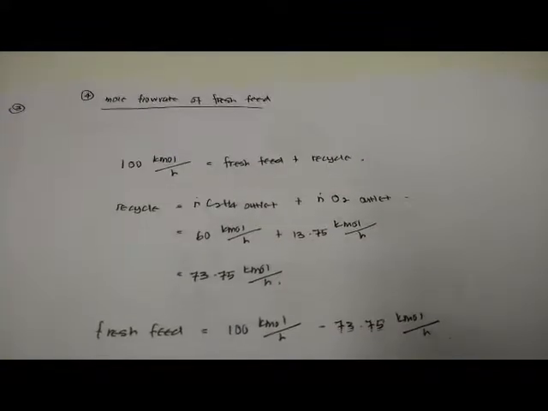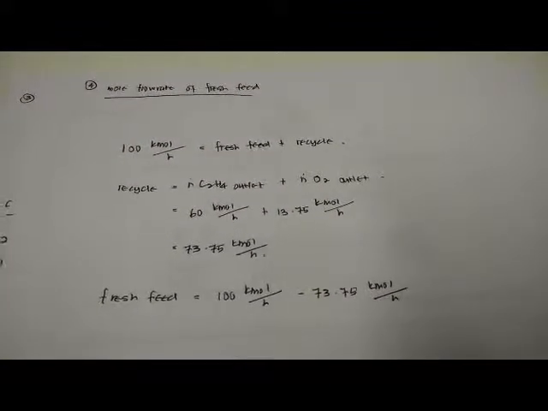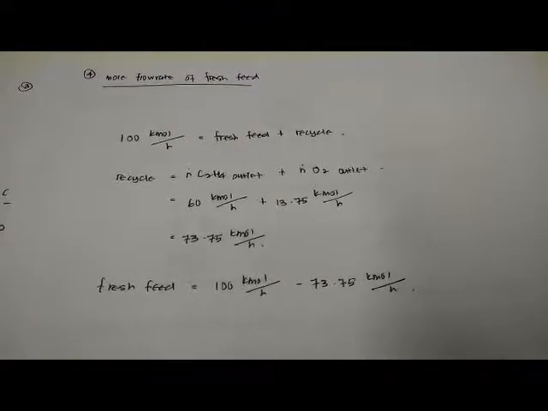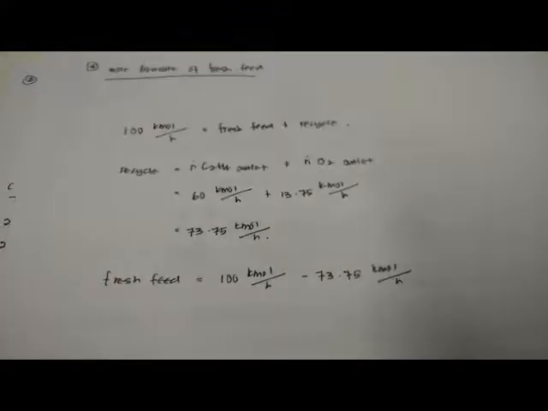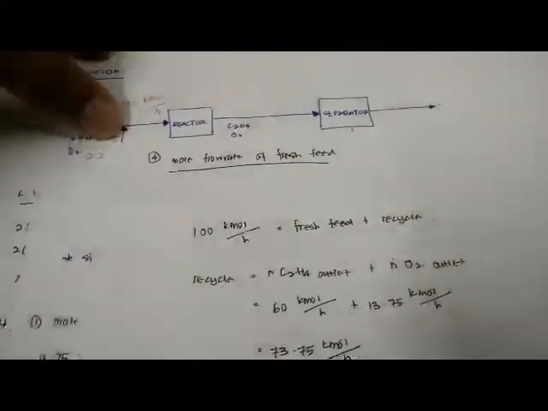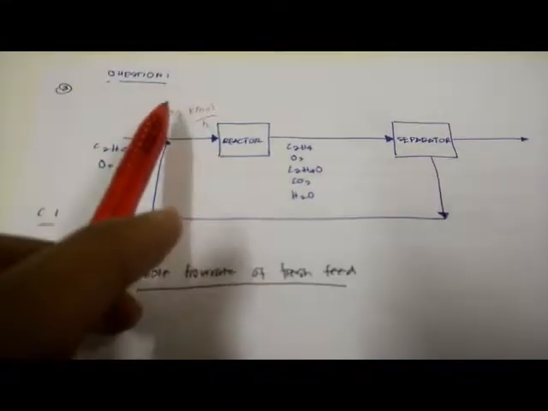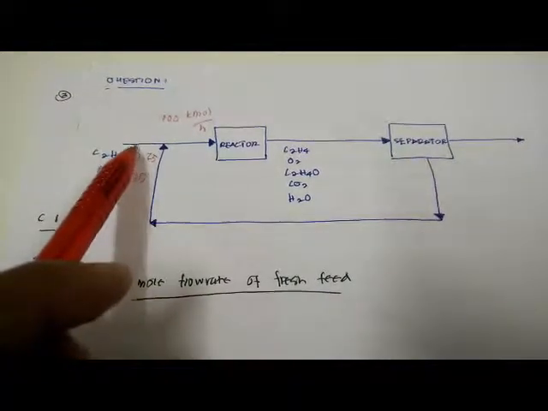And lastly, how to calculate the mole flow rate of fresh feed? 100 kmol per hour is equal to fresh feed plus recycle. This is because the diagram shows that the total mole flow rate is not from here but here.